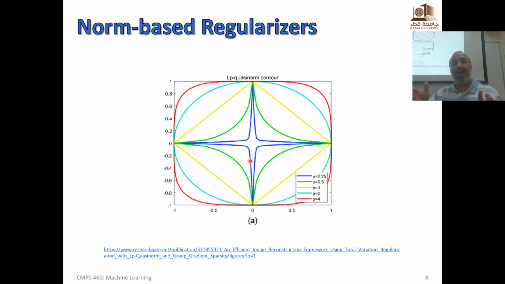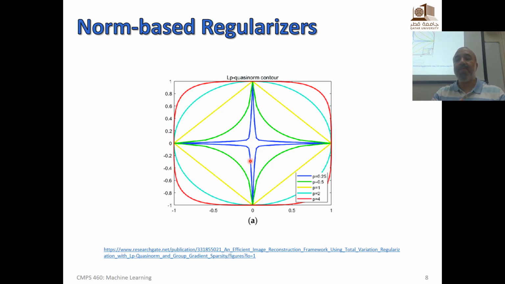So if we have the choice, these are all possible regularizers, possible functions to be used. Which one should we use? The blue one or the red one? The blue one, right? The blue one is the best. And even if you reduce P, it will be even sharper, right? So that means that when we use a smaller P, this will favor more small values.